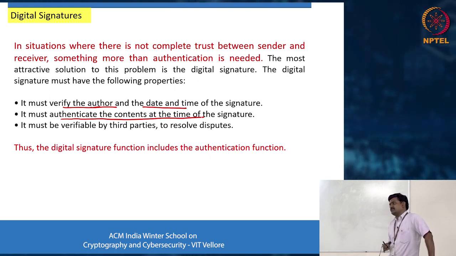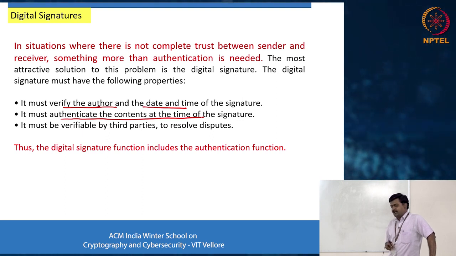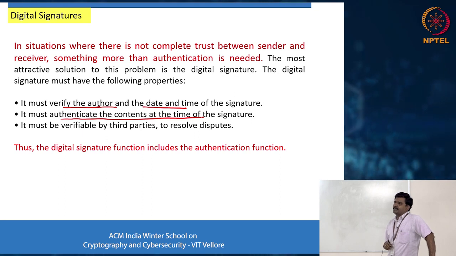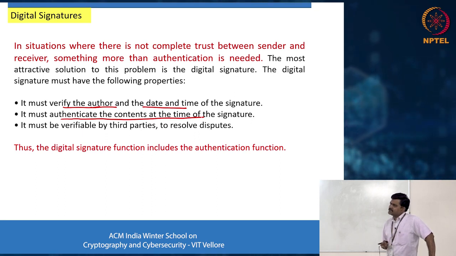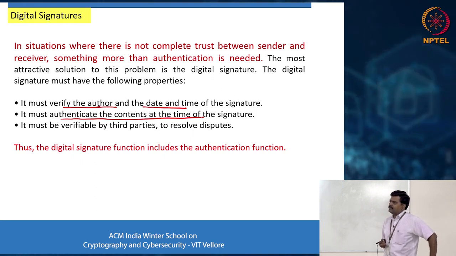Look at the normal signatures. Whatever is the content, your signature would be the same, right? On a physical document, yes. A digital signature cannot be the same. When you create a message, your digital signature for that particular message is unique. When you create a second message, for that second message, your digital signature would be different.